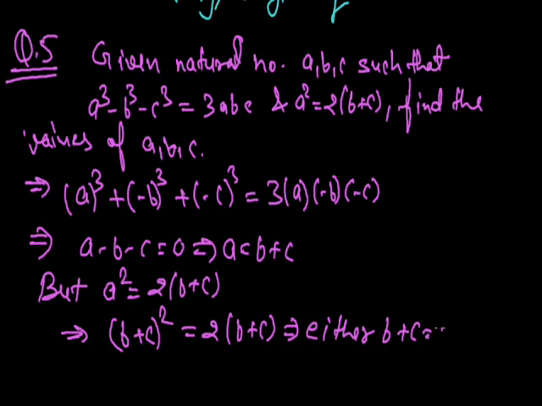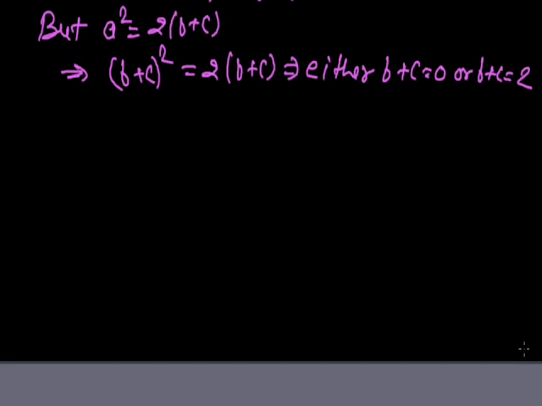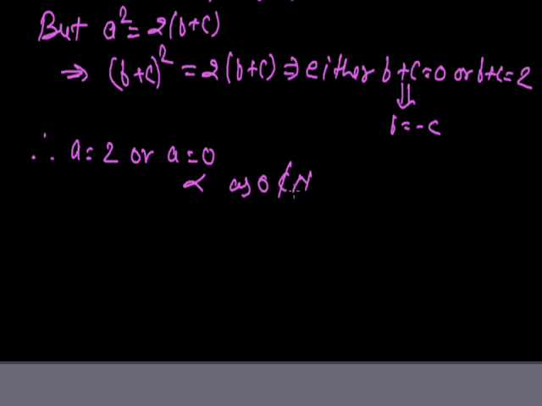So we can say that a is equal to 0 or a is equal to 2. As a is a natural number and 0 does not belong to natural numbers, a must be equal to 2. That is our answer.